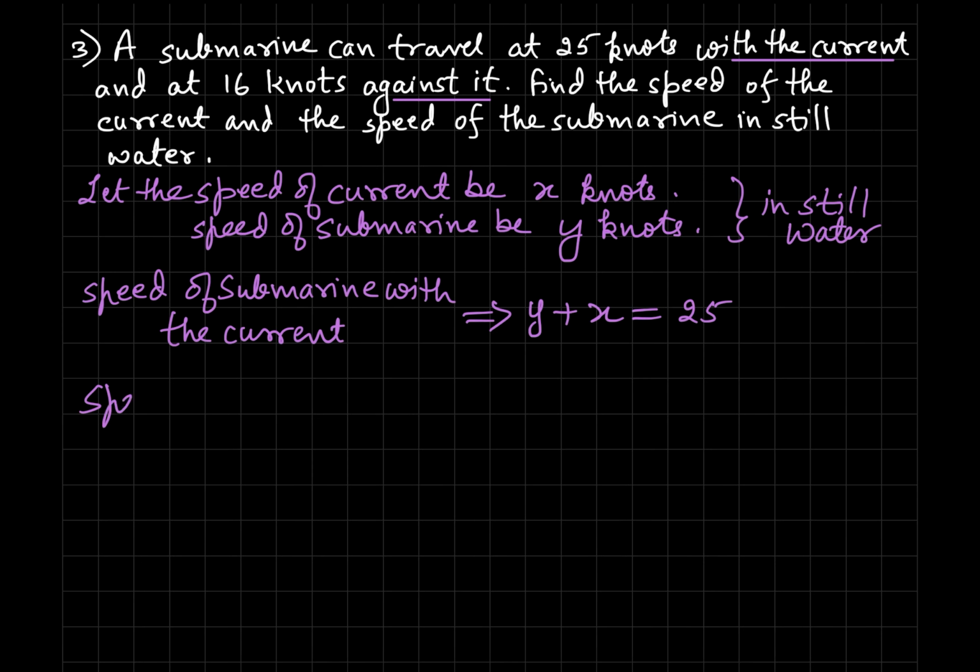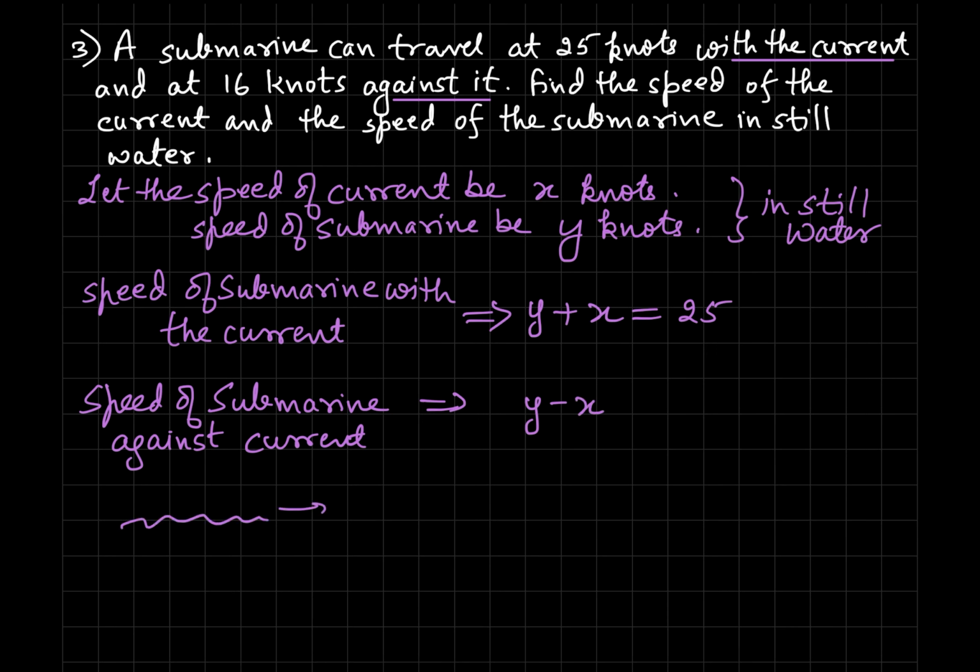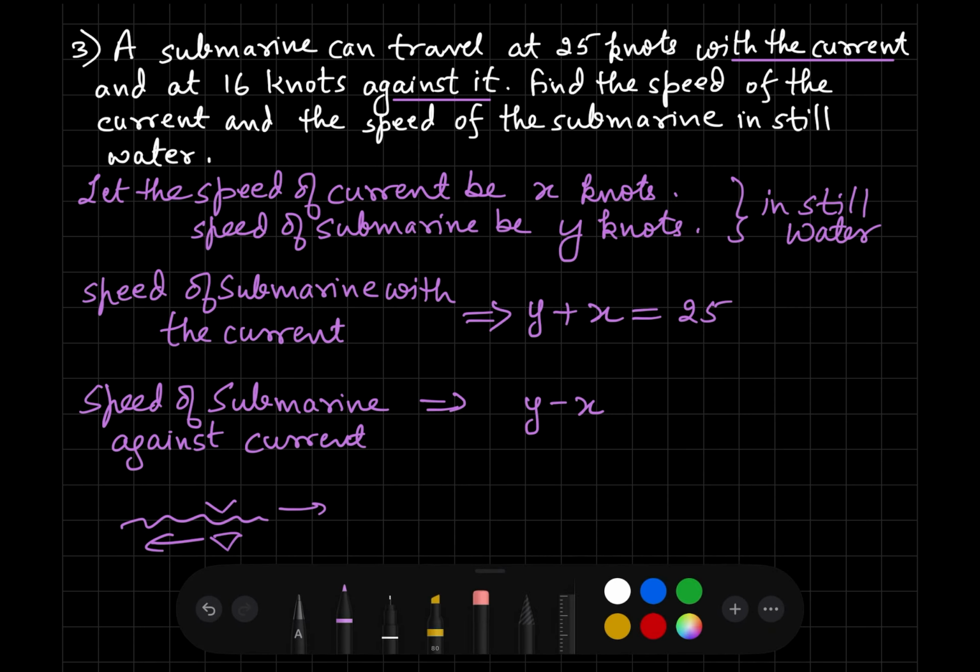Now speed of submarine against the current. Against the current means speed of submarine would reduce, because the water is moving in this direction and the submarine is moving in this direction, so that way speed would get reduced, correct?